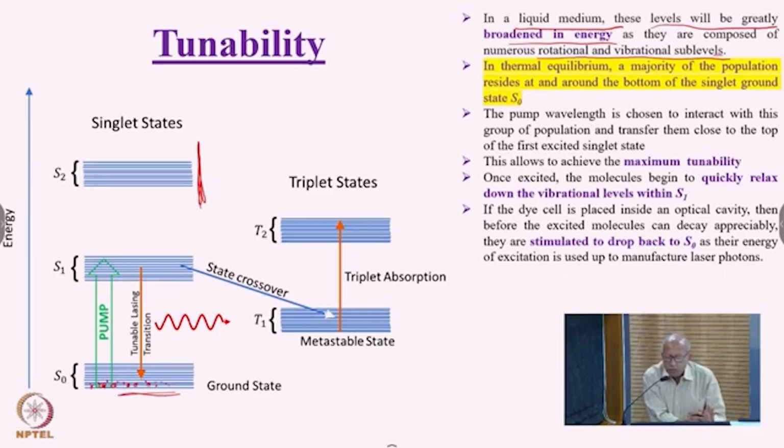Now, the pump wavelength must be chosen so as to interact with this group of molecules and transfer them close to the top of the first excited singlet state. This is somewhere around here. This would allow, as we will soon see, to achieve the maximum tunability of the dye laser.